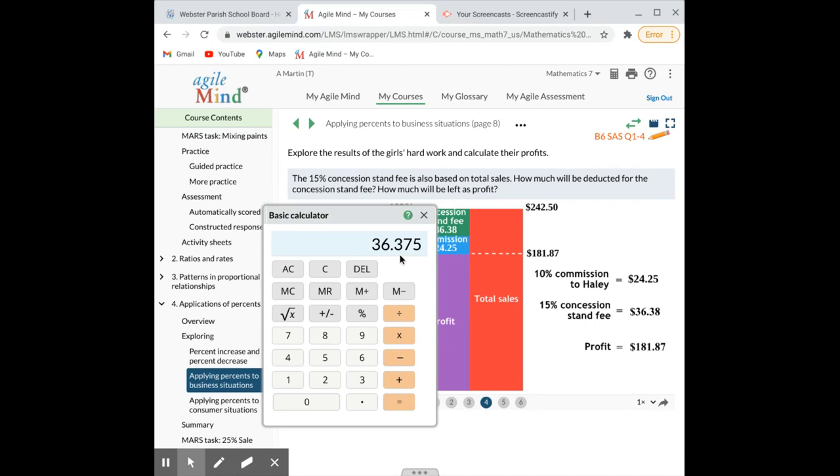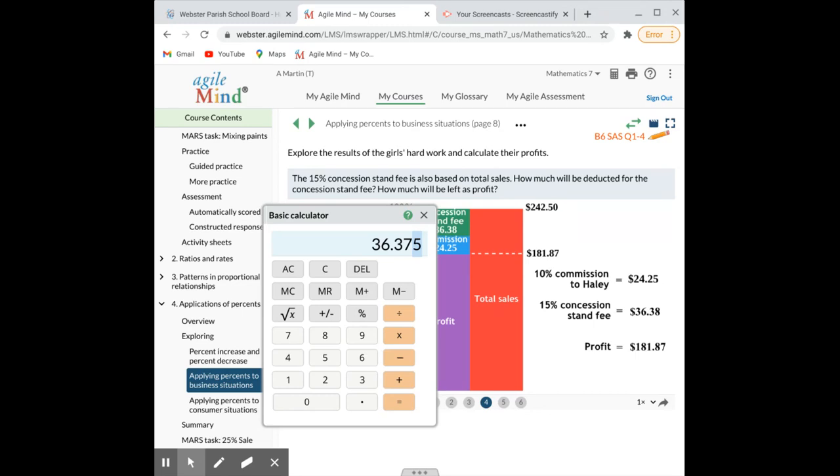Notice that mine looks a little different than theirs. You should notice that ours is out in the thousandths place and theirs is in the hundredths place. Well, one thing we need to understand is that money is always rounded to what place? The hundredths place. And so to round, we always look at the place to the right of where we're rounding. So in this case, we're rounding to the hundredths, so we're looking at the thousandths place.